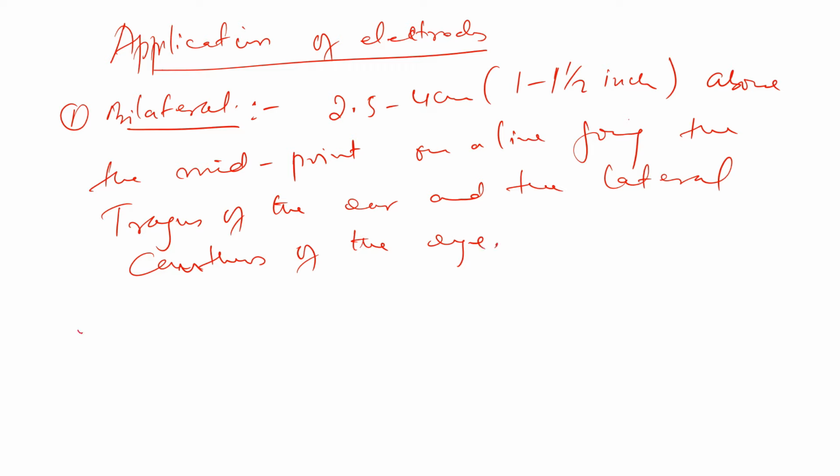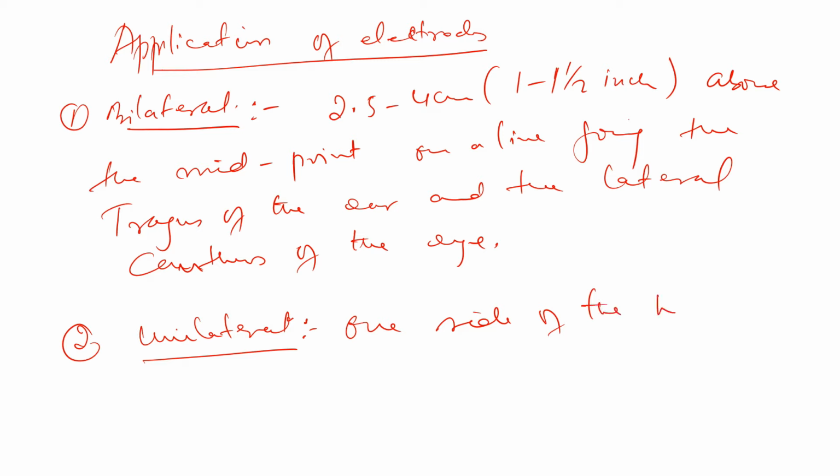And in case of unilateral, how are the electrodes placed? They are placed only on one side of the head, usually on the non-dominant side.